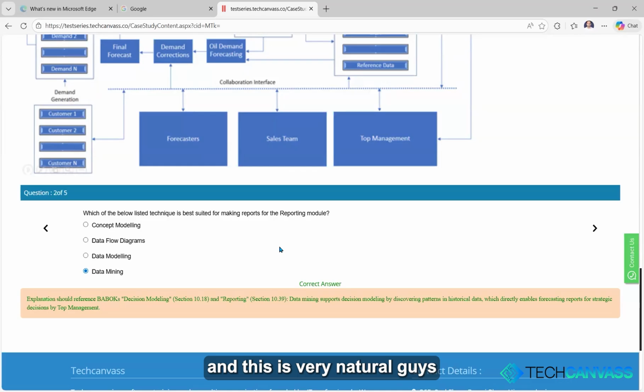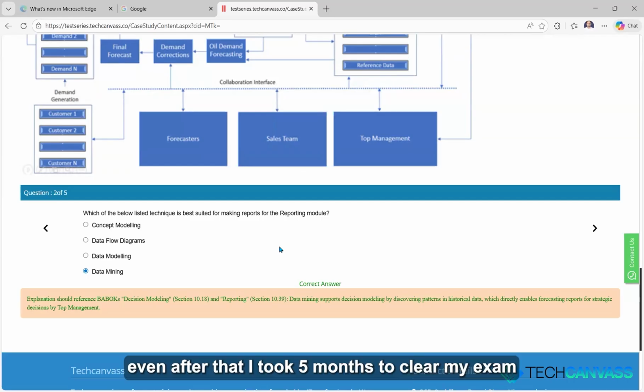And this is very natural, guys. I bet on this. Maybe someday I'll talk about this story of mine that happened when I joined this course. Before that, I had read BABOK for almost 1 year, 1.5 years. 7-8 times I had read it, I'd memorized input output, and then I joined this course.